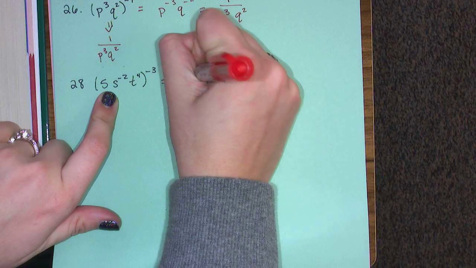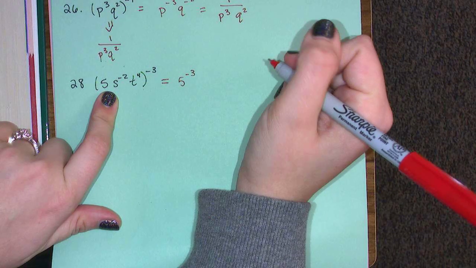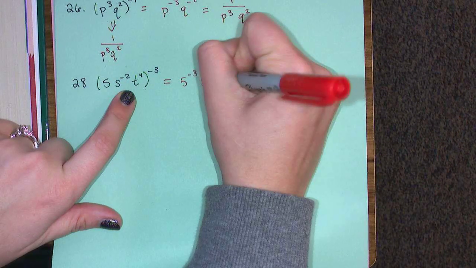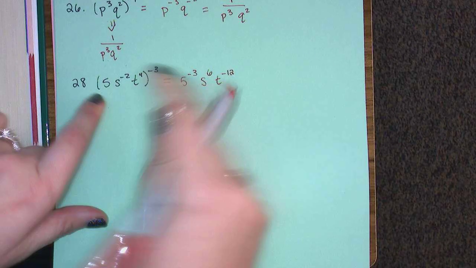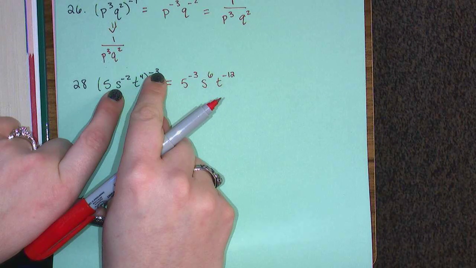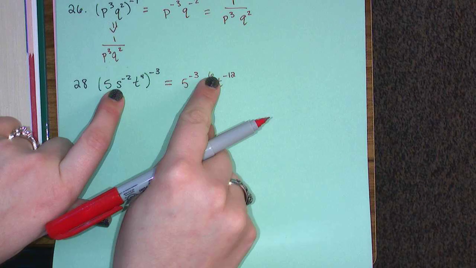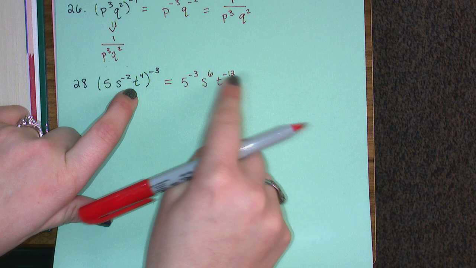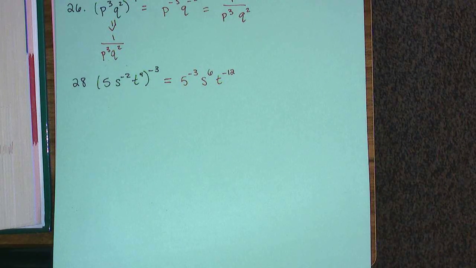So just work your way across and then we'll move everything later. Okay, so I had 5 raised to the negative 3. I had s to the negative 2 times negative 3, which gave me the positive 6. And then I have t to the 4th times negative 3, which gave me the negative 12. So then now what do I need to do with it?